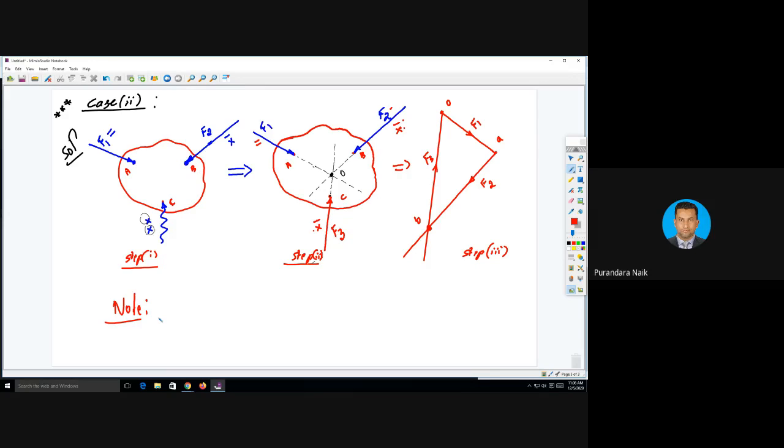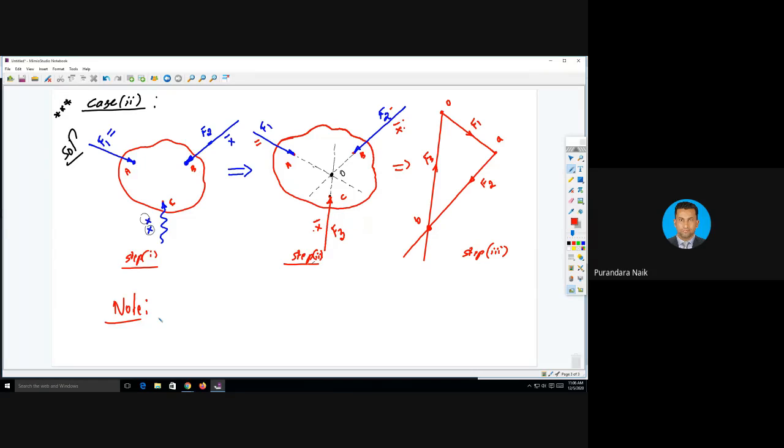I repeat, if the lines of action of two forces are parallel, then the point of concurrency lies at infinity, and therefore the third force is also parallel to the first two.